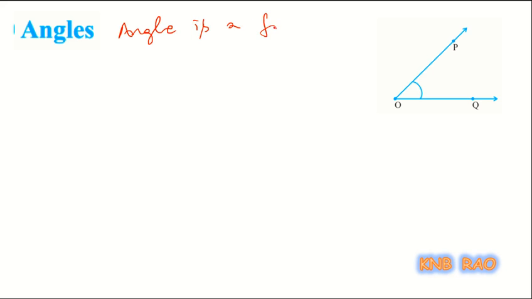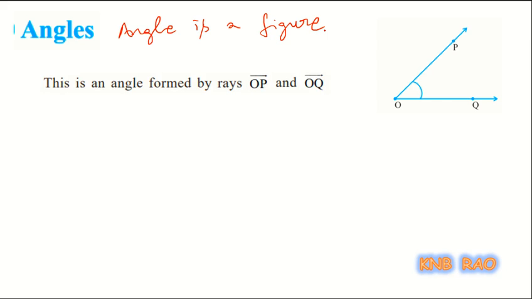is a figure, this figure, not specifically that PQ or POQ are used, but made up of what? Now tell me, this figure is made up of what? This figure is made up of rays, correct?